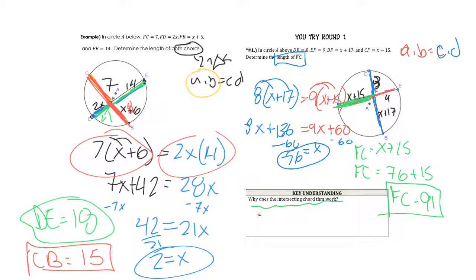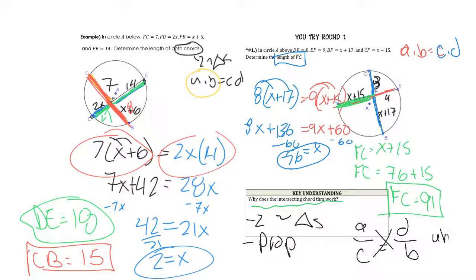Correct, because it's 2 similar triangles, which makes a proportion. And when we cross multiply this proportion, it ends up being the 2 parts of one line equal the 2 parts multiplied of the other line.